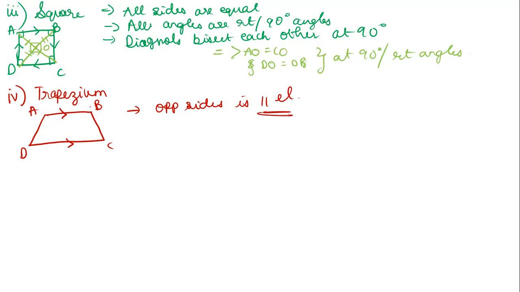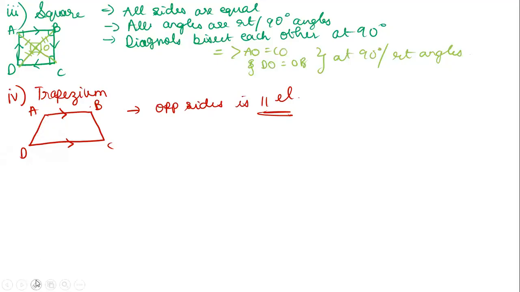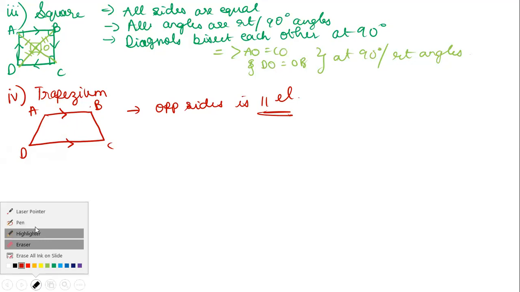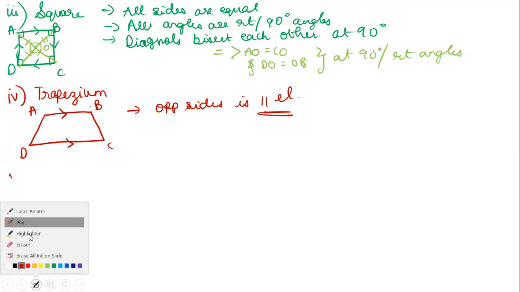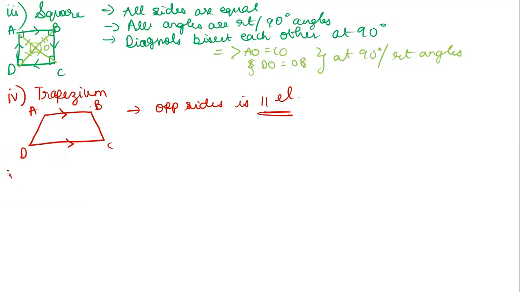And also remember that suppose the opposite sides which are non-parallel to each other are equal, then we can say that this figure will become an isosceles trapezium. Let's again change the color.